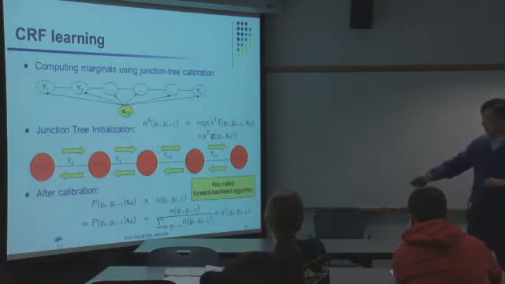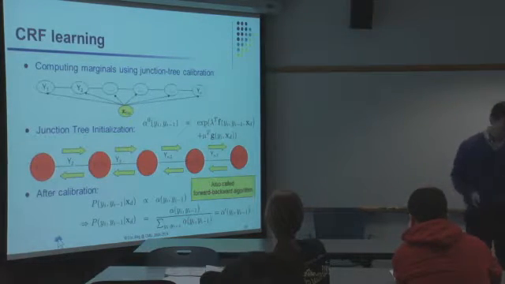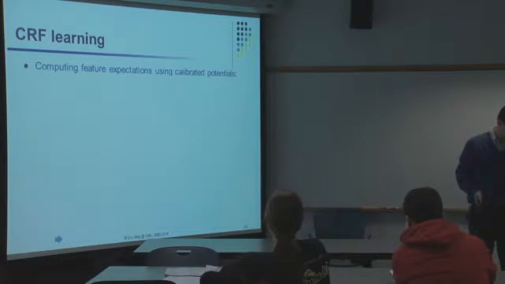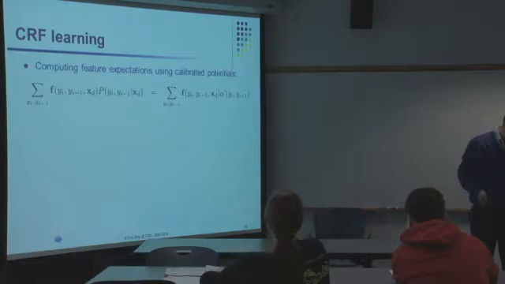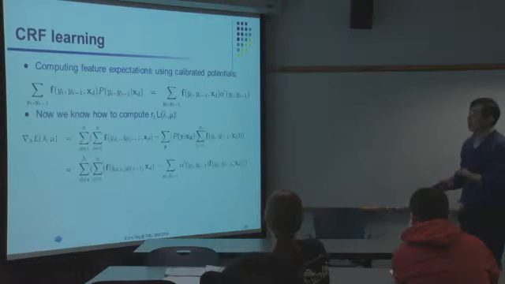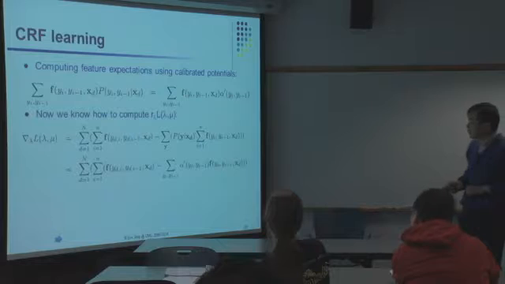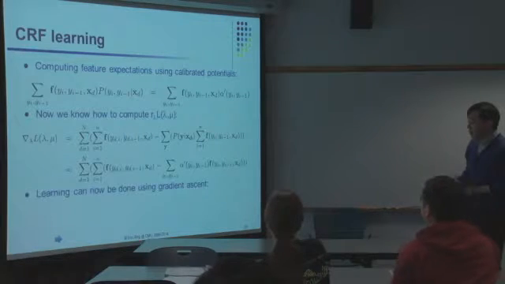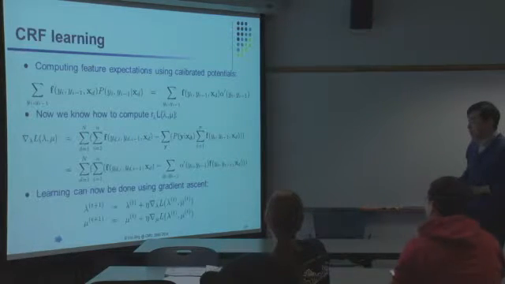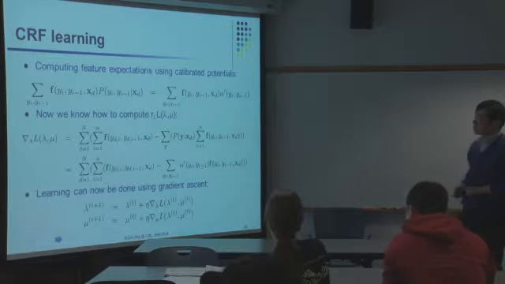And at the end of the day, you'll calibrate your messages and you'll recover the local conditionals. That's basically a bunch of update equations you need to use to learn the parameters.